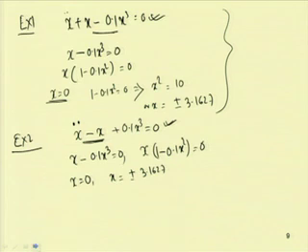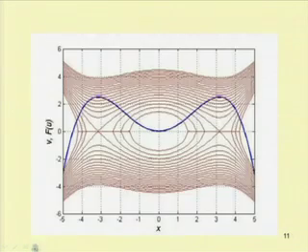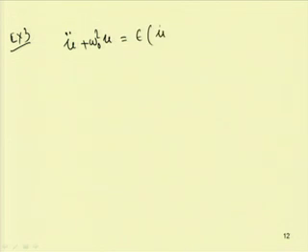So, let us take another example, example 3. In this case u double dot plus omega 0 square u equal to epsilon into (u dot minus u cube).